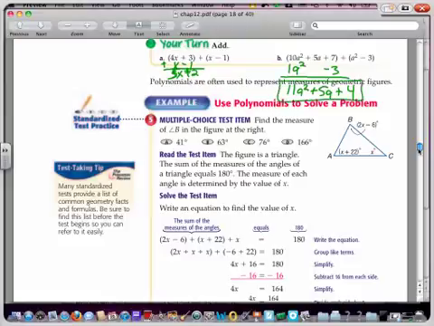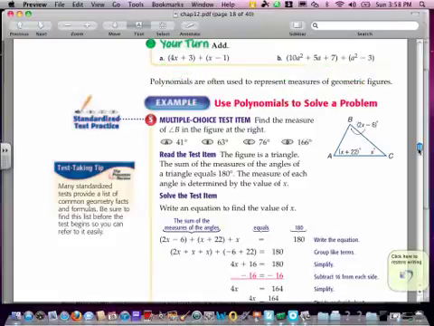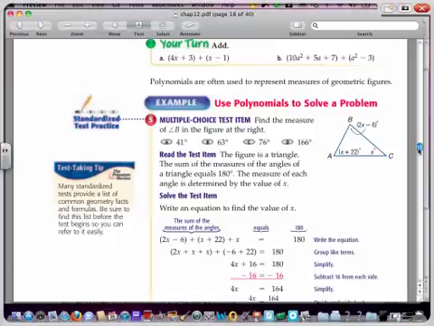All right, let's look at this next problem. It's a little bit different. Let's say you have this triangle, and instead of giving you angles, they give you polynomials. How nice of them, huh? So for B, 2x minus 6, for A, x plus 22, and C is x.